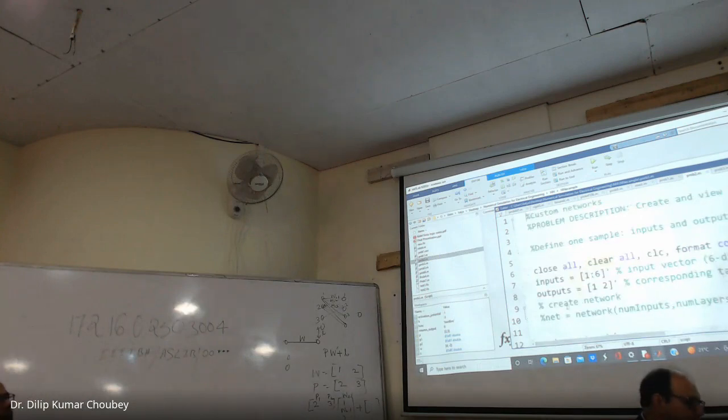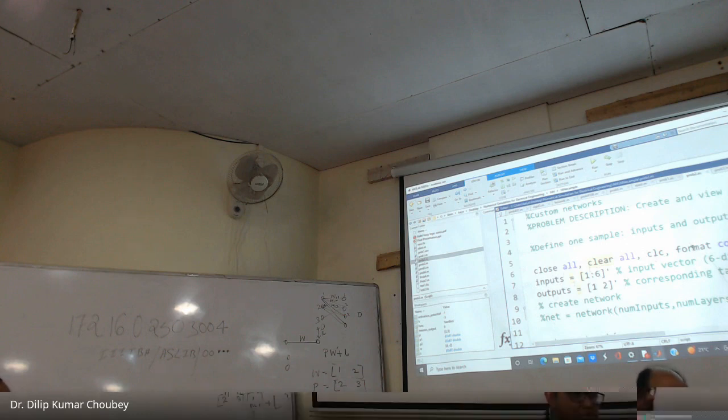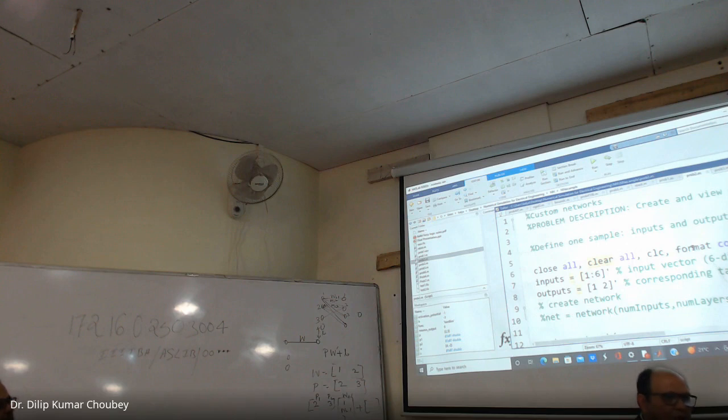In this programming we use the same format: clc, clear all, close all. You know this, it is a common MATLAB thing. Clear all clears all the values from the MATLAB command window.